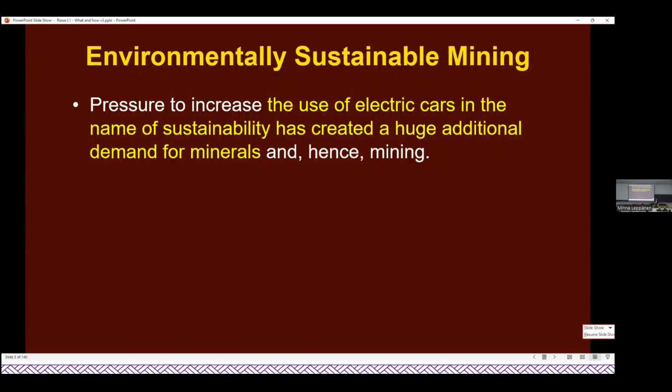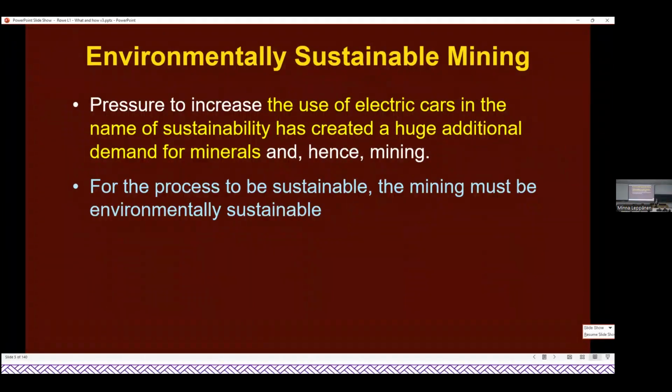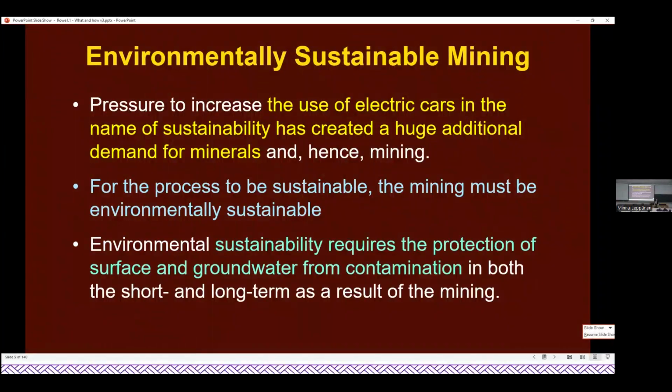But we can only achieve that if not only we have the electric cars, but we have sustainable mining to get what we need for those electric cars. And sustainable mining requires, in particular, protection of both surface and groundwaters from contamination, both during operations and subsequently.